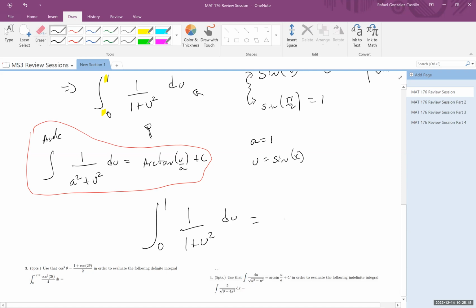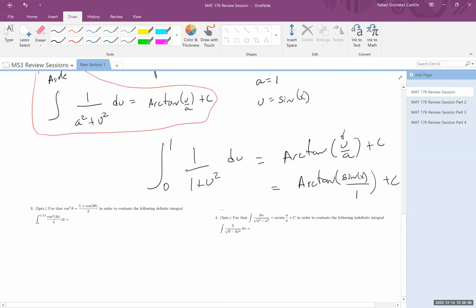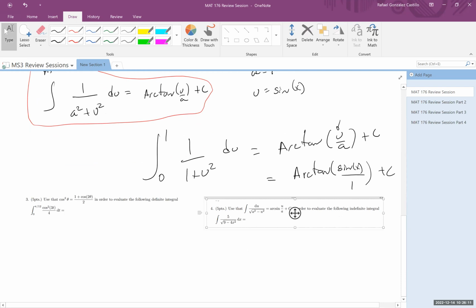And this is now equal to arctangent of u over a plus c. But u we know is sine of x, and a we know is 1. We get it from here. Plus c.